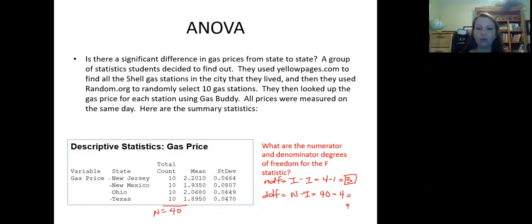So 40 minus 4 gives me 36 degrees of freedom. Just make sure when you're doing the second calculation that you're subtracting the number of groups, and that you don't get sidetracked by that number you just calculated and subtract the 3 instead of the 4. So 36 degrees of freedom for the denominator.